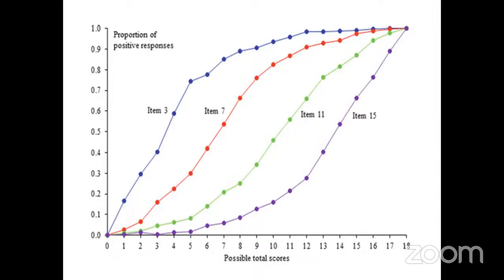It is possible that a total score of 4 was obtained by 500 people, a total score of 5 by 700 people, and a total score of 8 by 1000 people. If you plot the responses of these 10,000 individuals and calculate the proportion of positive responses, you are going to get something like this. Is it clear to all of you?